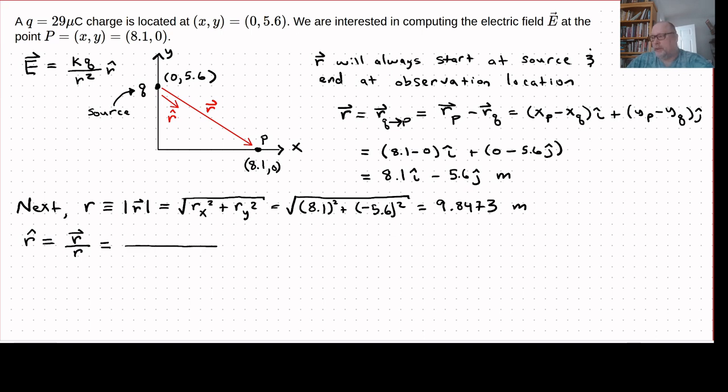On top we have 8.1 i hat minus 5.6 j hat, and we divide both of those terms by 9.8473. The units of meters on top and bottom cancel out, and again keeping a couple extra digits, we end up with 0.8226 i hat minus 0.5687 j hat.